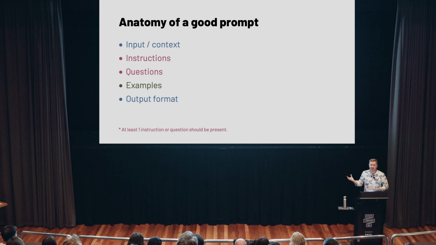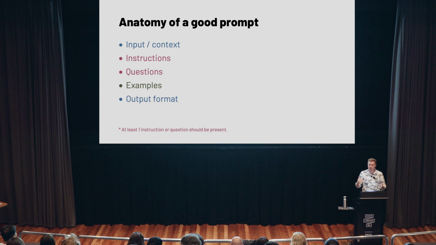This is essentially the most important thing of prompt engineering. There's lots of different structures for prompts, and people have written lots of different blog posts and articles about a good prompt structure. A lot of them are really similar to this. You start with anything you want to input into the AI's decision making and response creation, likely context, then some instructions and or some questions.